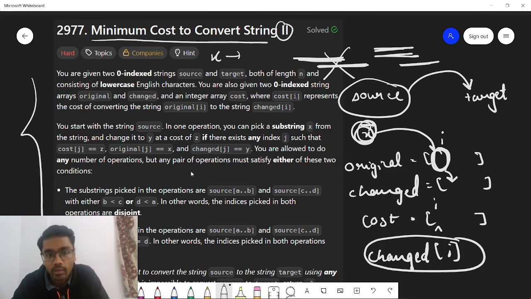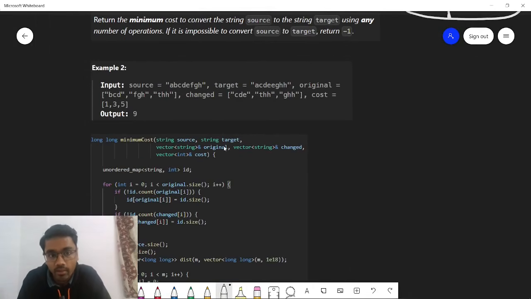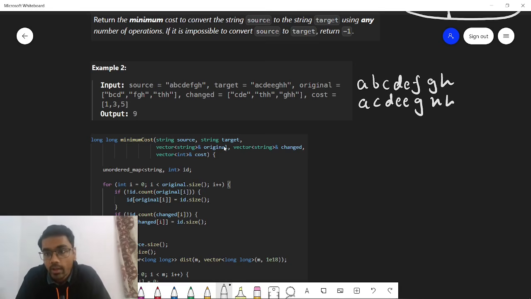Let us see with the help of an example what the question is saying, so that you can understand it in a better way. This is the source string a b c d e f g h, and this is the target string a c d e e g h h.